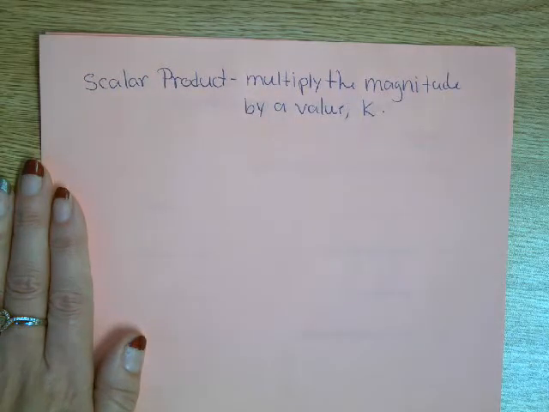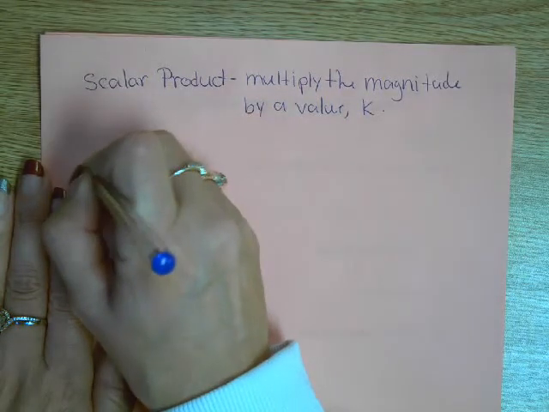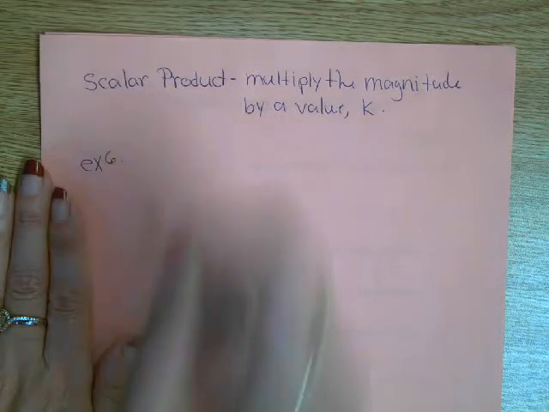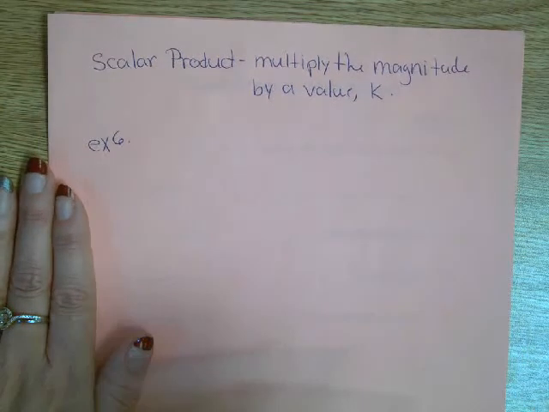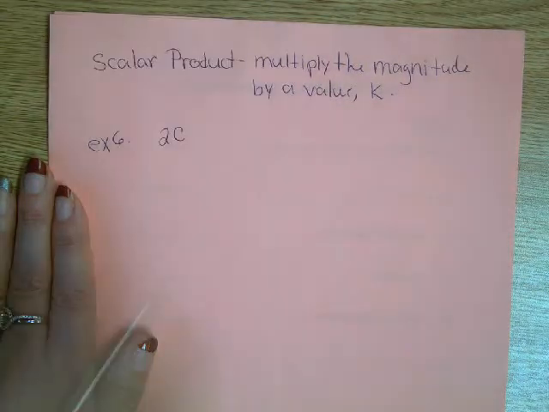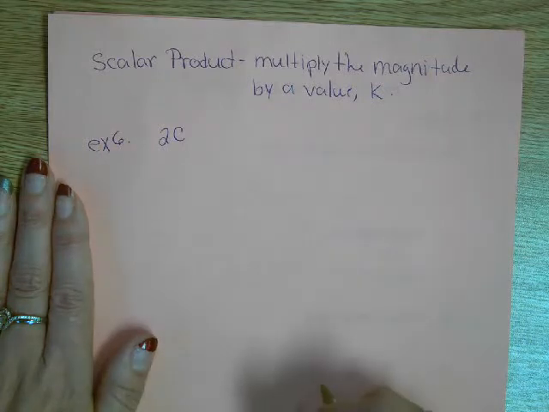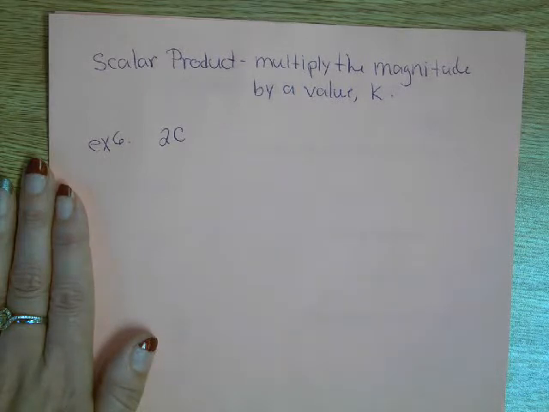So we're not multiplying two vectors together, we're taking one vector and multiplying it by a constant. If we were going to draw 2c, vector 2c, all we're doing, the direction's not going to change, we're just going to double its magnitude. So it's just going to have double the length in the picture.